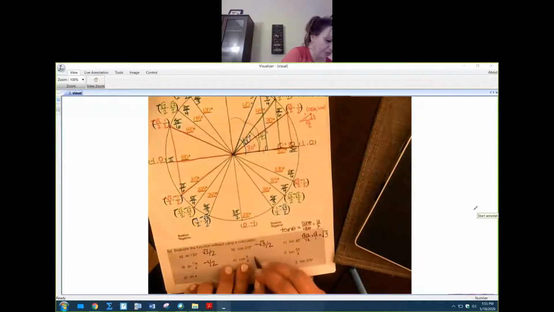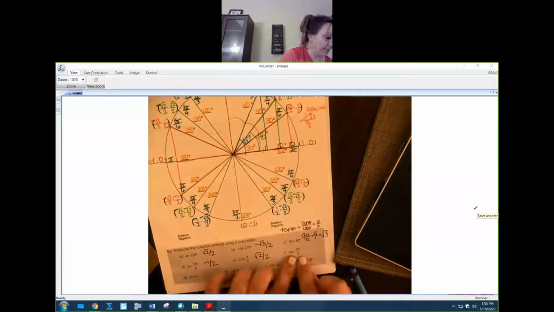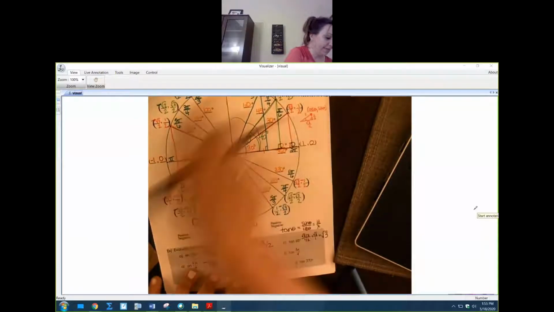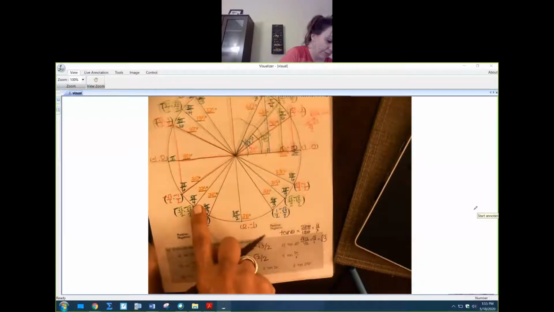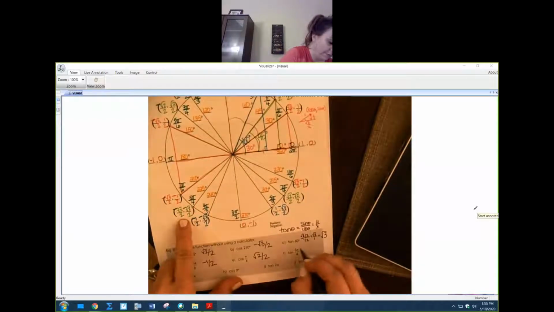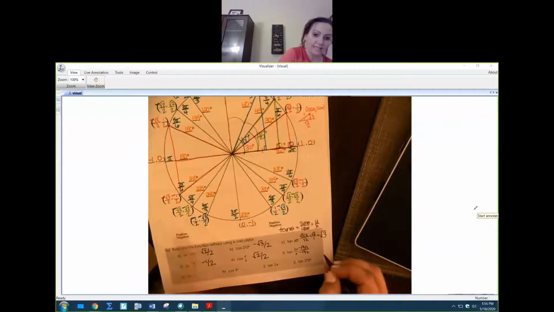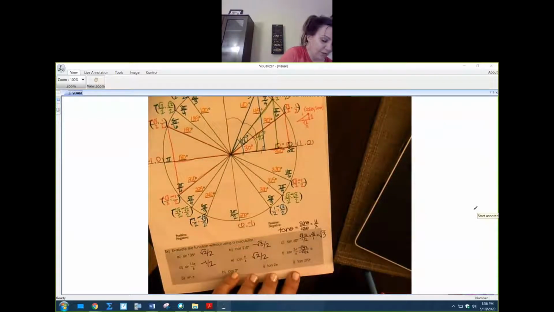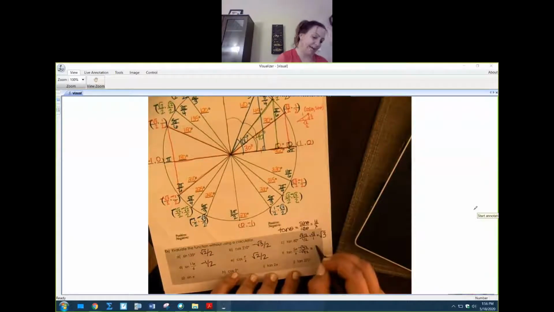So that's root 2 over 2. How about the tangent of 5 pi fourths? We go to 5 pi fourths, and tangent means we take the y coordinate, which is negative root 2 over 2, over the x coordinate, which is negative root 2 over 2. And those are exactly the same, aren't they? And so that's going to cancel to be positive 1.